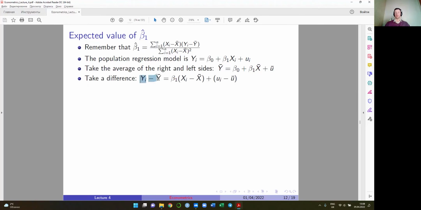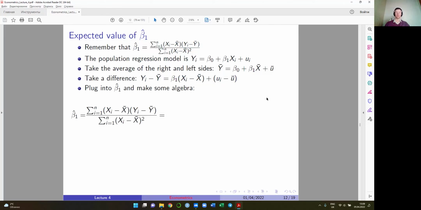And we can see that in the formula for beta 1 hat calculation, we have this difference, and also we express this difference in terms of beta, x, and u, the error term. So it's logical to take this part and plug it here. So let's do this. We plug it into beta 1 hat and then do some algebra.